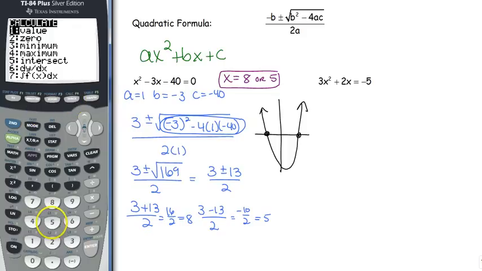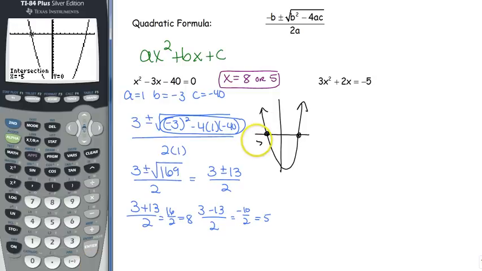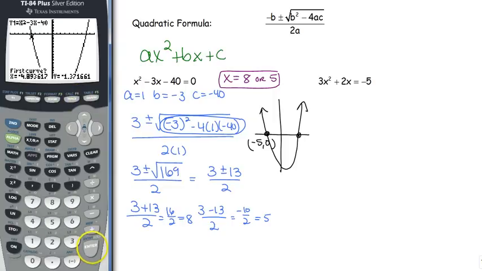Go to second trace, we find the intersection between the line, and then our second curve, we should have 0 and y2. And we get that our first one is at negative 5, 0. And good thing we did this so we can check our answer. Scroll over.